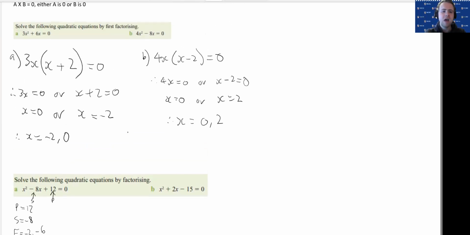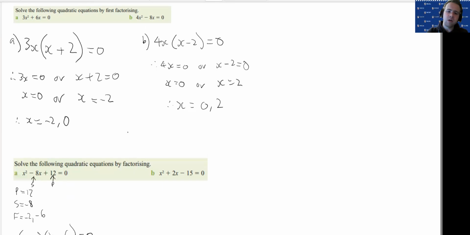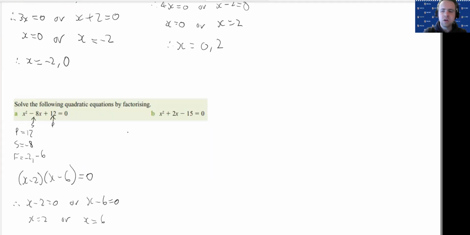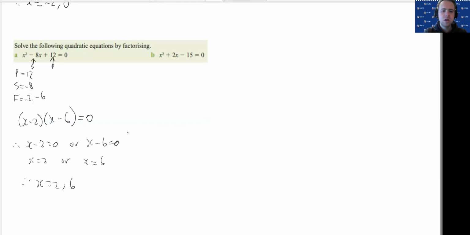But if we have an x + 2 as a factor, then the solution is x = -2, because you've got to think about what's going to make that bracket equal 0. It's going to be the opposite sign of whatever else is in there. If +2 is in there, then -2 is going to make it 0. If -2 is in there, then +2 is going to make it 0. So that's why we end up with this pattern of the opposite sign of the other term of the bracket being the solution. So we can use that in a quick form if we would like.